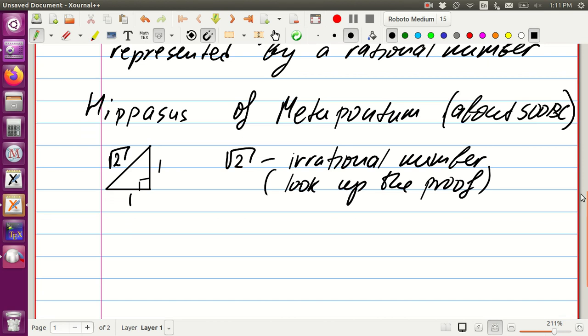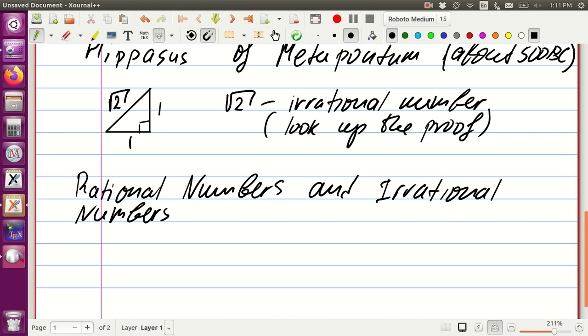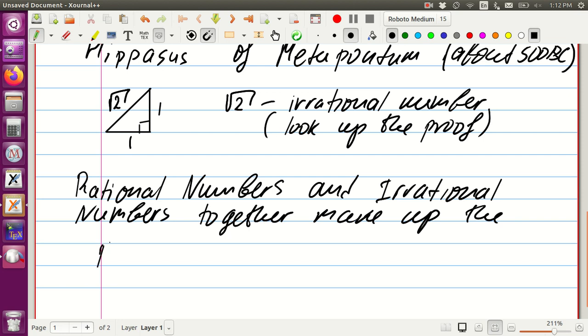What we can do next, we can take all of the rational numbers and irrational numbers, and those together make up all real numbers.